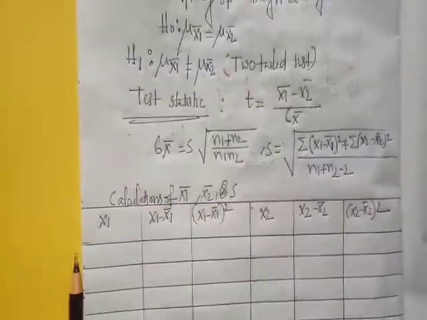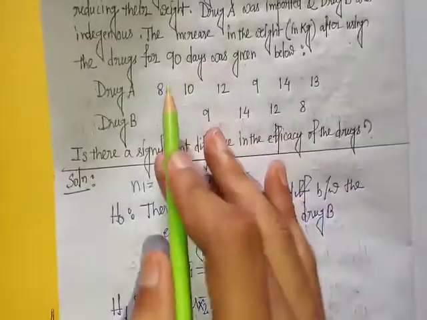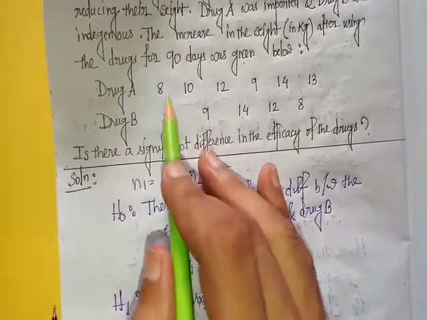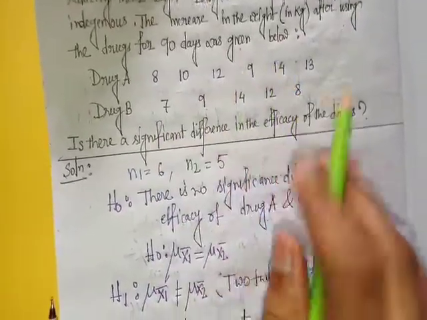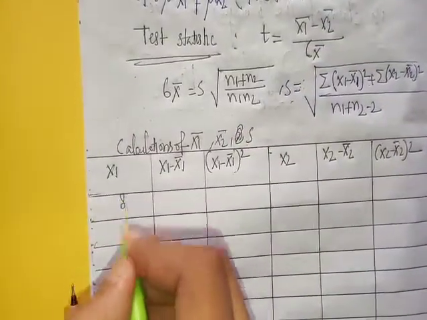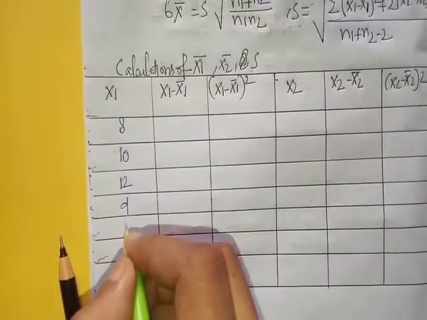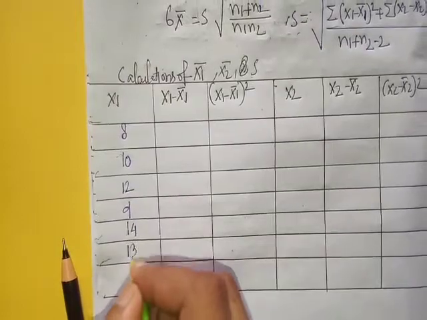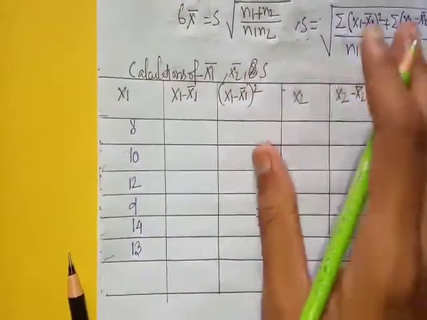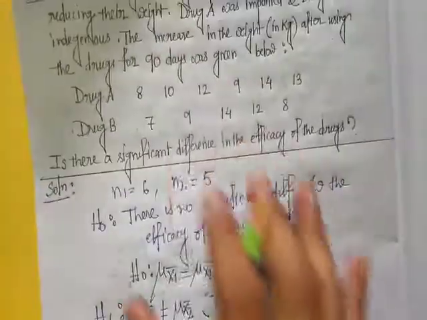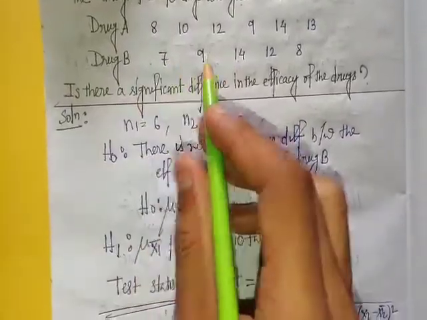Okay, so x1 takes 6 values: 8, 10, 12, 9, 14, 13, and x2 takes 5 values: 7, 9, 14, 12, 8.